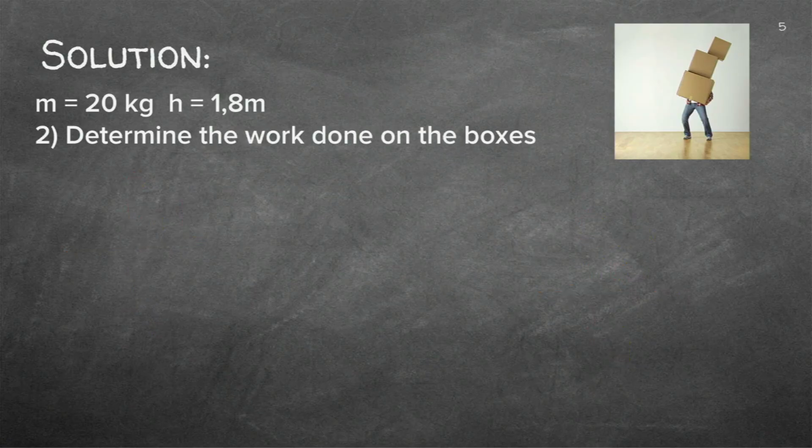They also asked me to determine the work done on the boxes. So I can see here that I can use the equation that's been given to me. Again, delta x, delta y. The force up will be exactly the same, the applied force, as the force down.